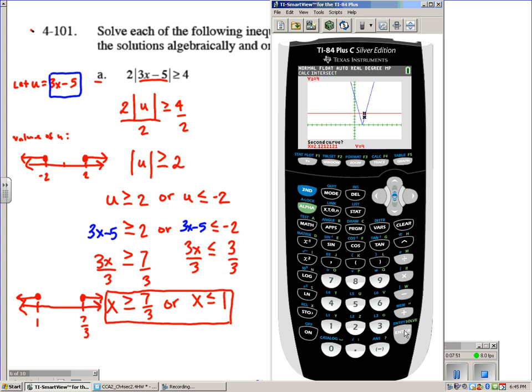So enter, enter, enter. We get 2.3 repeating, which is the same thing as 2 1/3 or 7/3. So from 2 1/3 on, our blue function, which is our absolute value function, has outputs that are greater than 4. So we know we're right there.